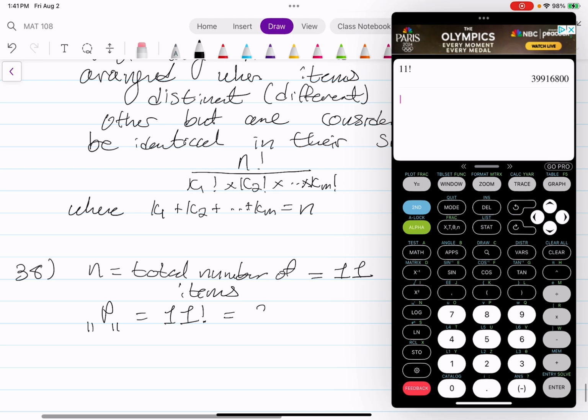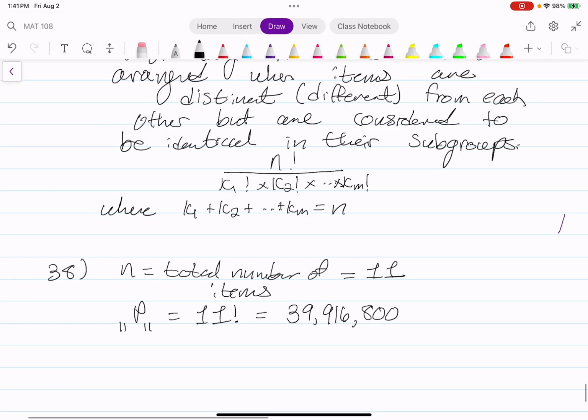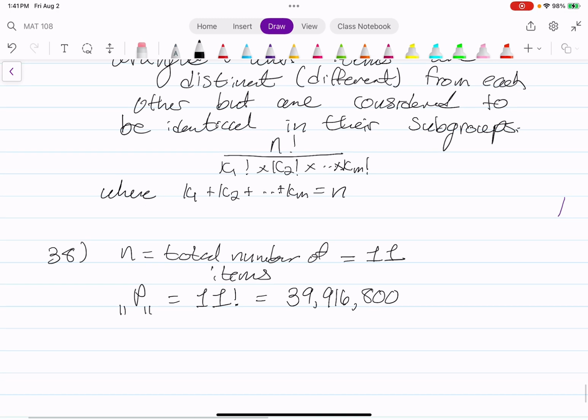That is going to be 39,916,800. That is how many ways we can use the letters in the word Mississippi to organize our codes. But that's not our answer, because as I said before, there are letters in each group that are considered identical.